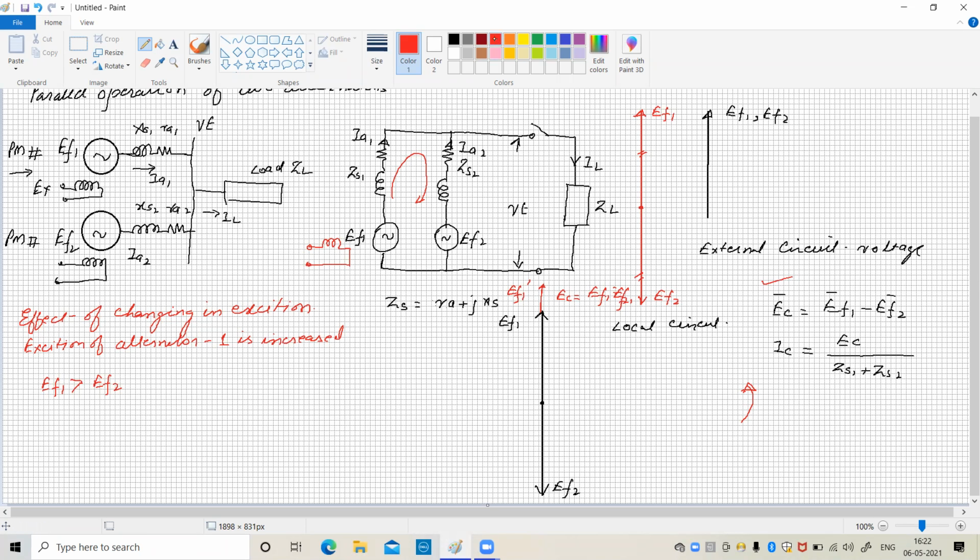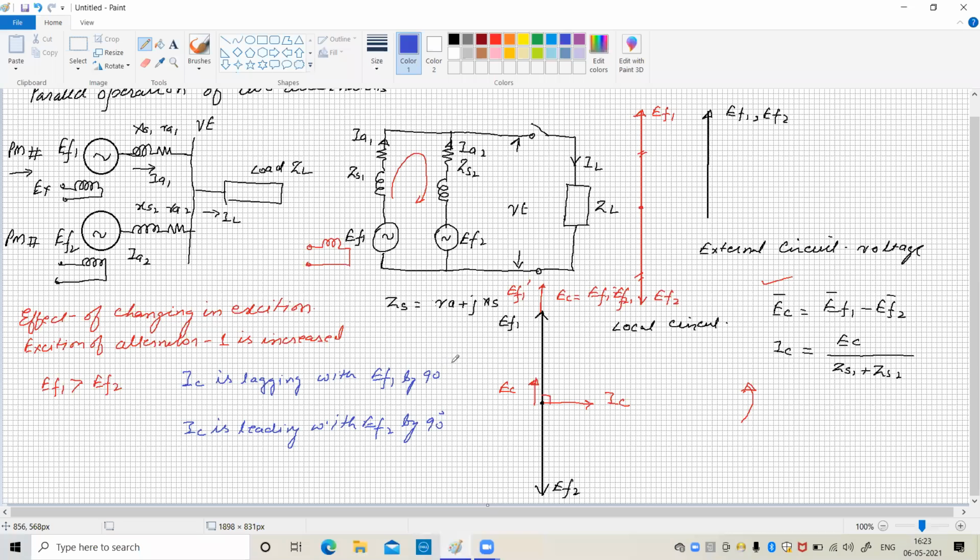If you represent this, the excitation voltage in the local circuit is EC, and the current is lagging with respect to it by 90 degrees. So IC is lagging with EF1, whereas IC is leading with EF2 by 90 degrees.